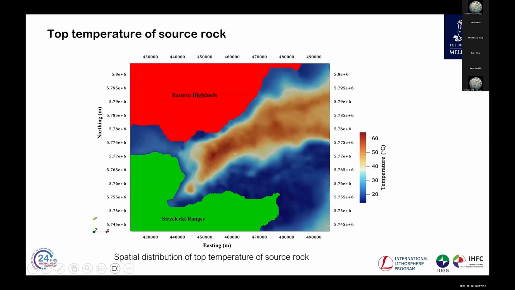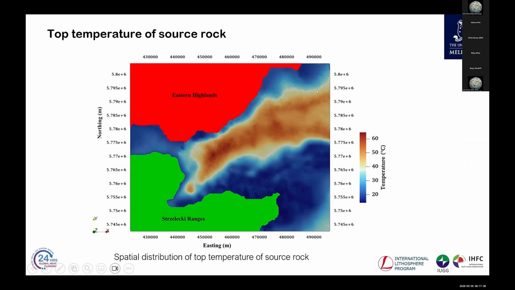So this map shows again the top surface temperature of the geothermal source rock, or geothermal reservoir source rock. You can see here the anomalous, high temperature compared to the other regions. Here is where we have very thick coal deposits.